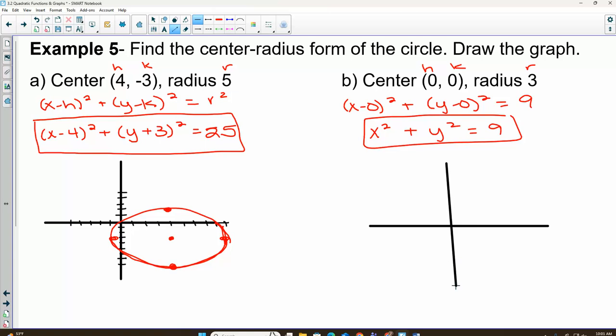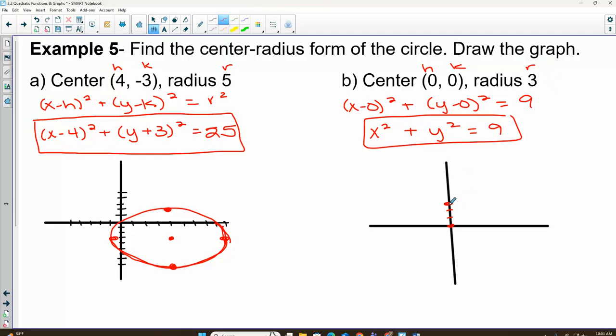So if I'm going to graph this one, where does my first point go? Yep, start at 0, 0. My radius is 3.